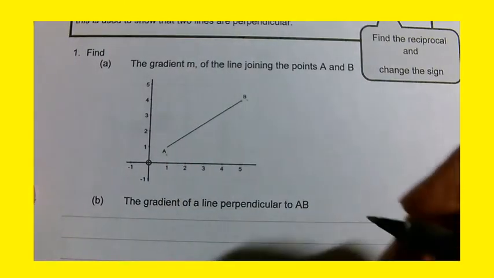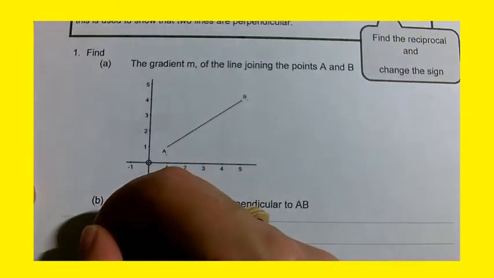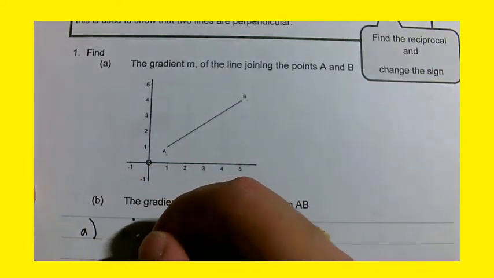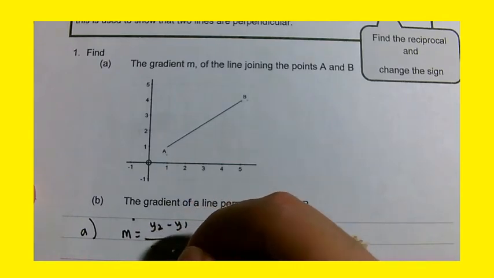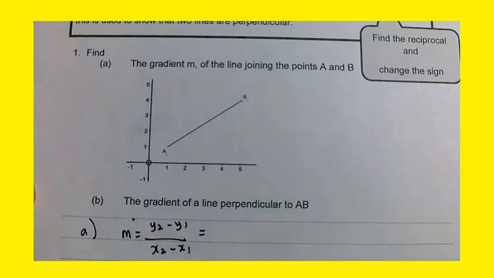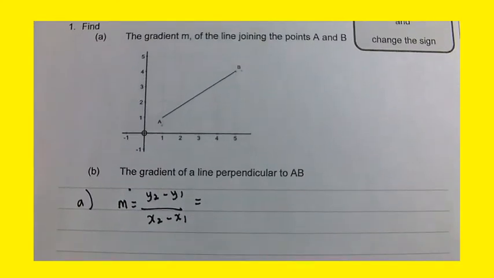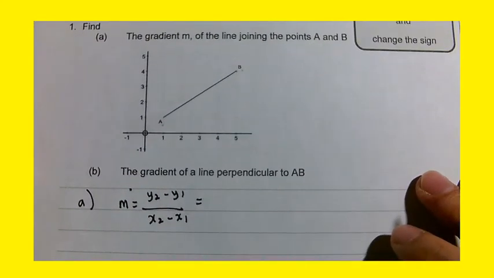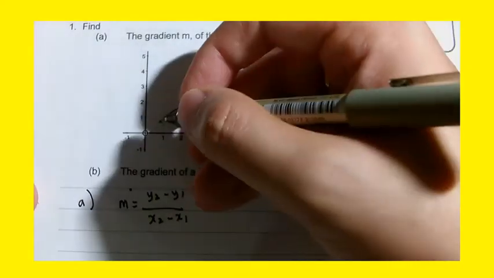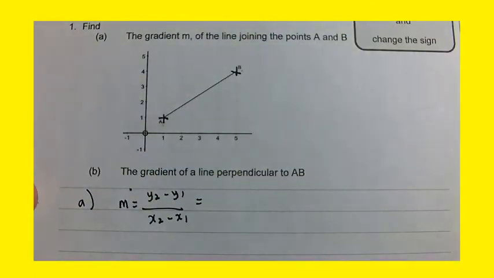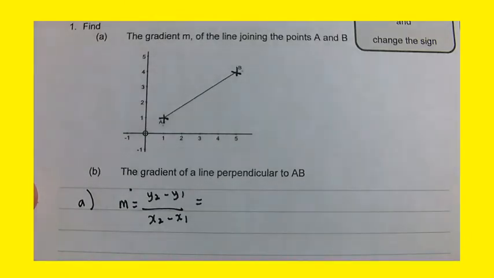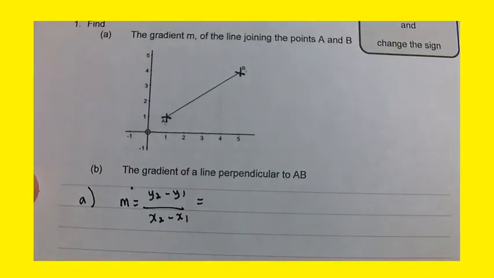I think about my formula: m is equal to y2 minus y1 over x2 minus x1. When I use this formula, in reality I can use any coordinate as long as it's on the line. For convenience I'm going to pick A and B, because I can read those off a lot easier than any other coordinate.